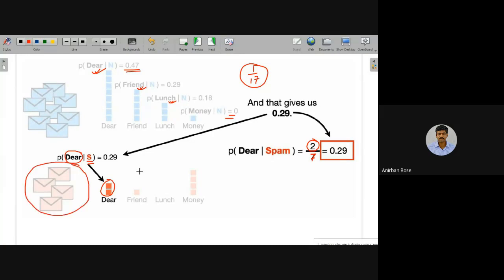In this way we can calculate the probability of each word, either in normal messages or given that it is a spam message. This is the basic calculation that we can do.